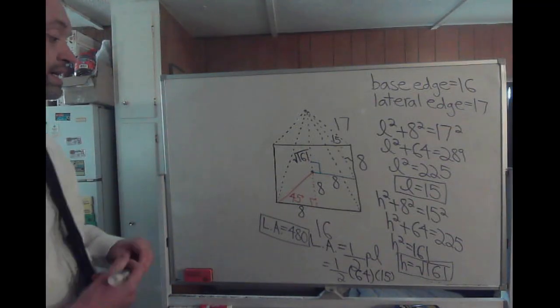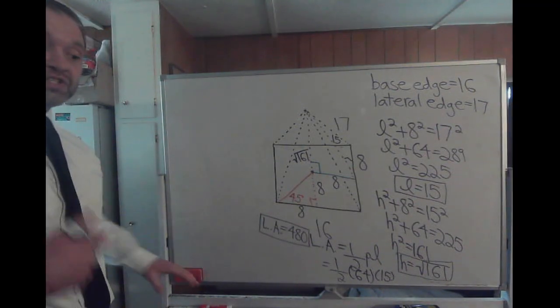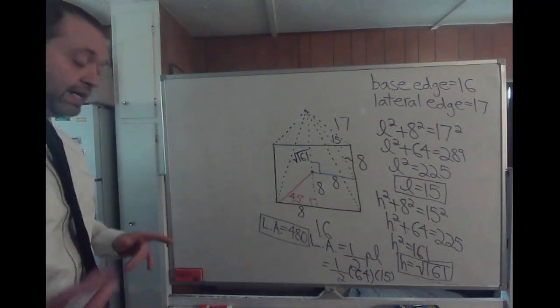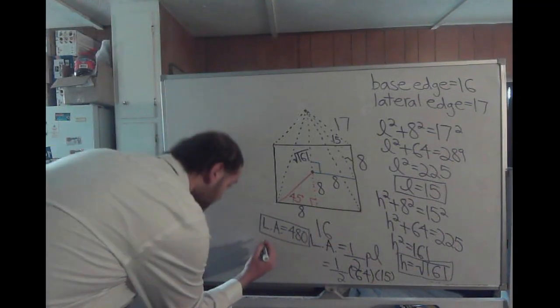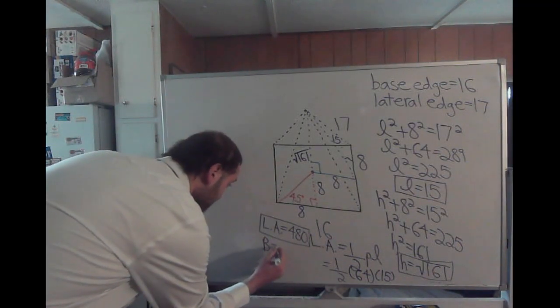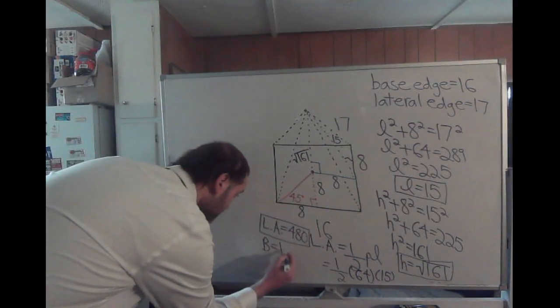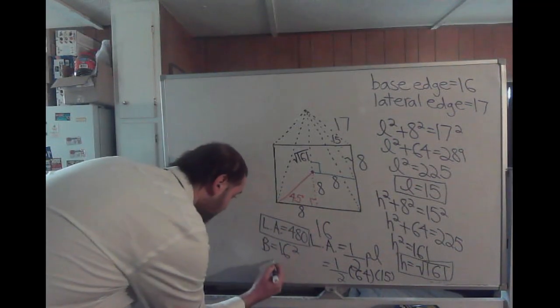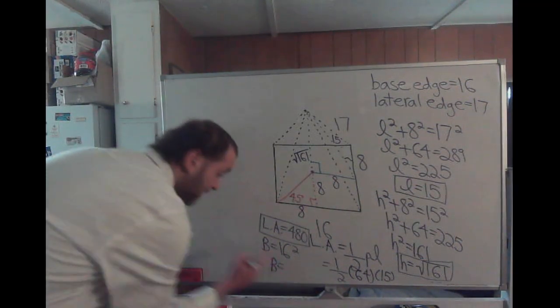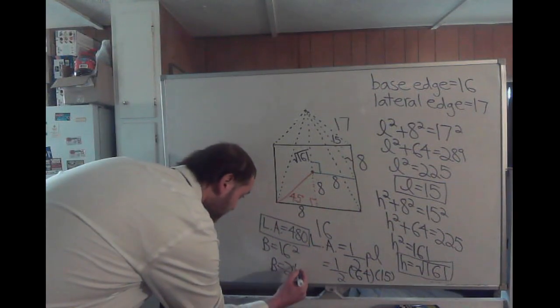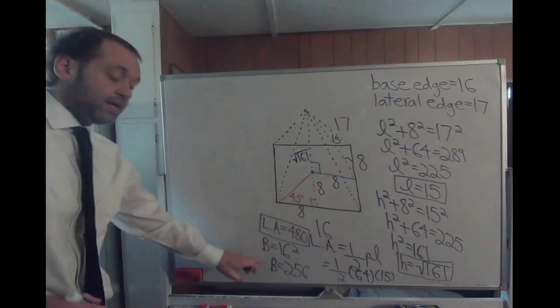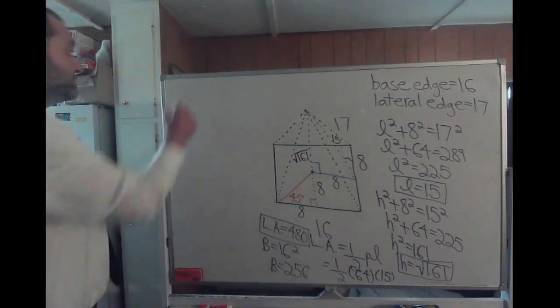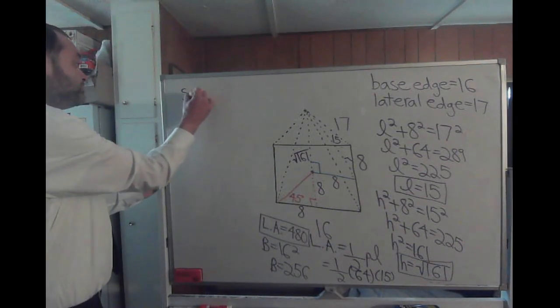Okay. Now before we can find the surface area or volume, we need to find the area of the base. The base is a square, which means you take that length of 16 to the second power, which would give you a base area of 256 square units. So now we know the lateral area and the area of the base, we can proceed to finding the surface area.